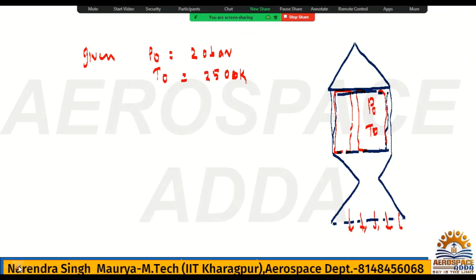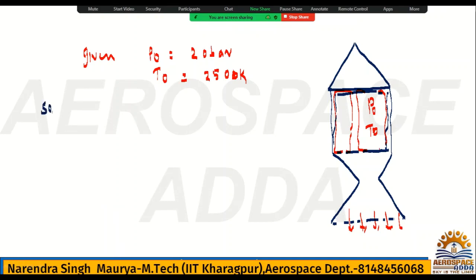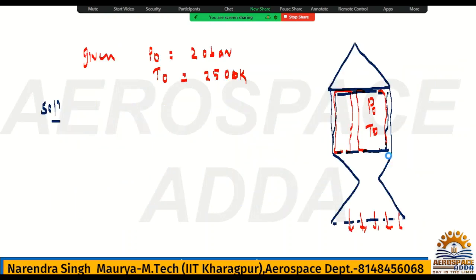Okay, now we'll solve this. First of all, they have given the gas mixture molar mass and gamma value. So with the help of this molar mass we can find the characteristic gas constant. What is the characteristic gas constant? Universal gas constant divided by molar mass.